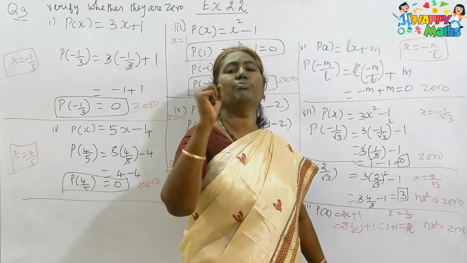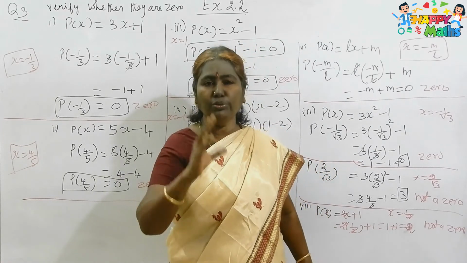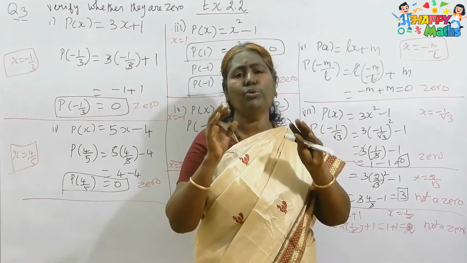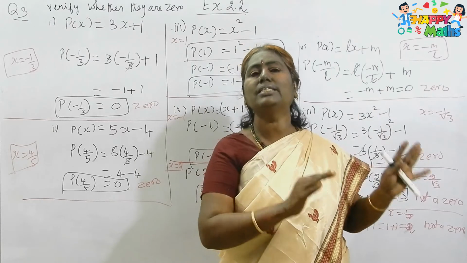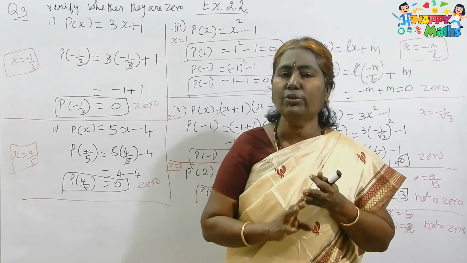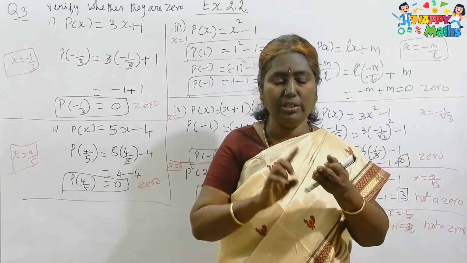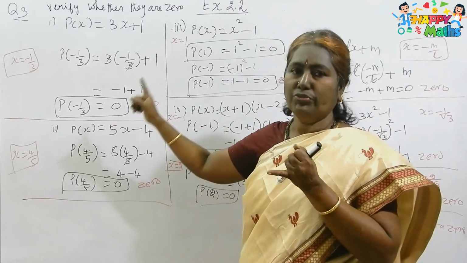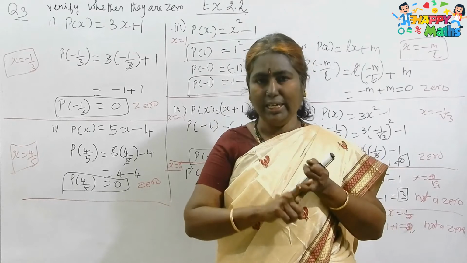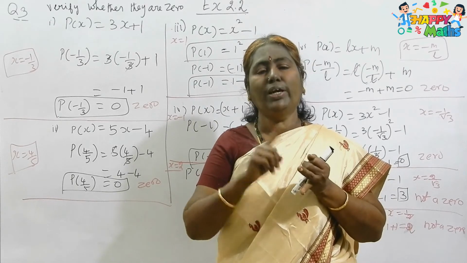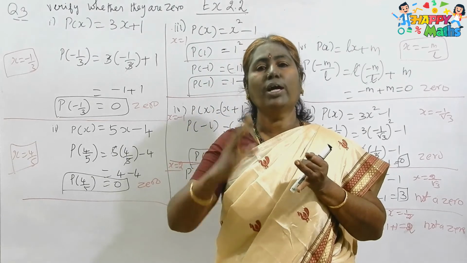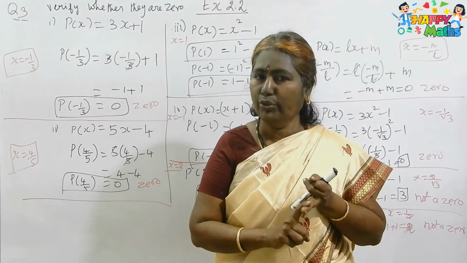That value you are supposed to find out. When you find out the value of the 0, there are so many things to understand. The question number 4 video is very useful for 3 items. One, you are going to find out the 0 of the polynomial. Second, you are going to find out the actual concept, how they did it in olden days and why we are getting it.